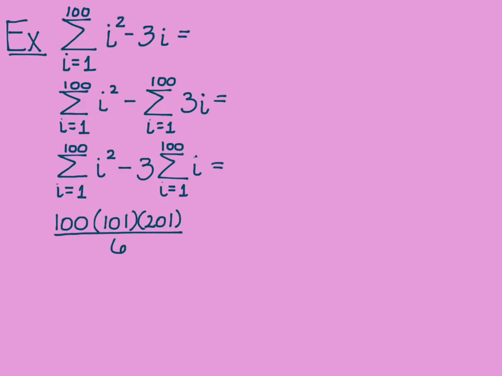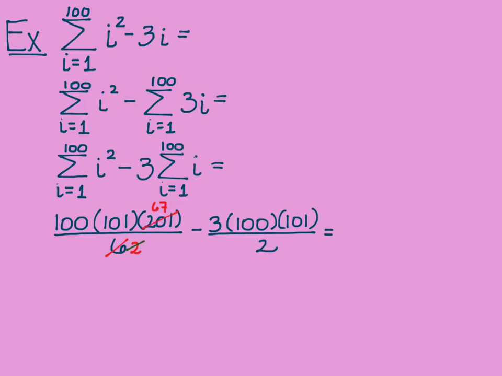So we know that the formula for i squared is n, which in this case is 100, times n plus 1, times 2n plus 1 over 6. So I get 100 times 101 times 201 over 6. Now I'm going to do minus 3 times, and then Gauss's formula, where n is 100, so I'll get 100 times 101 over 2.